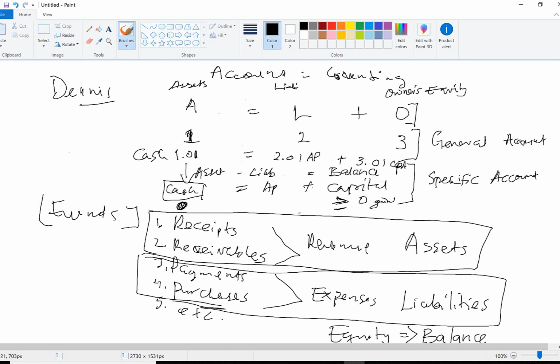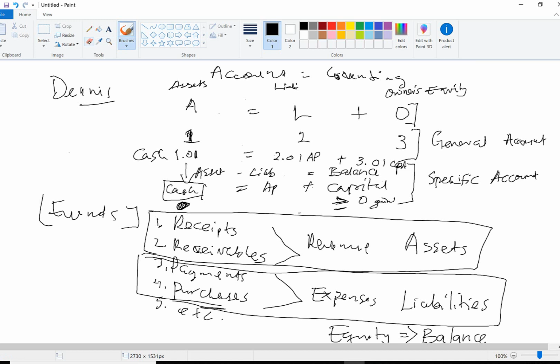So we're gonna balance the assets. So this is the view.